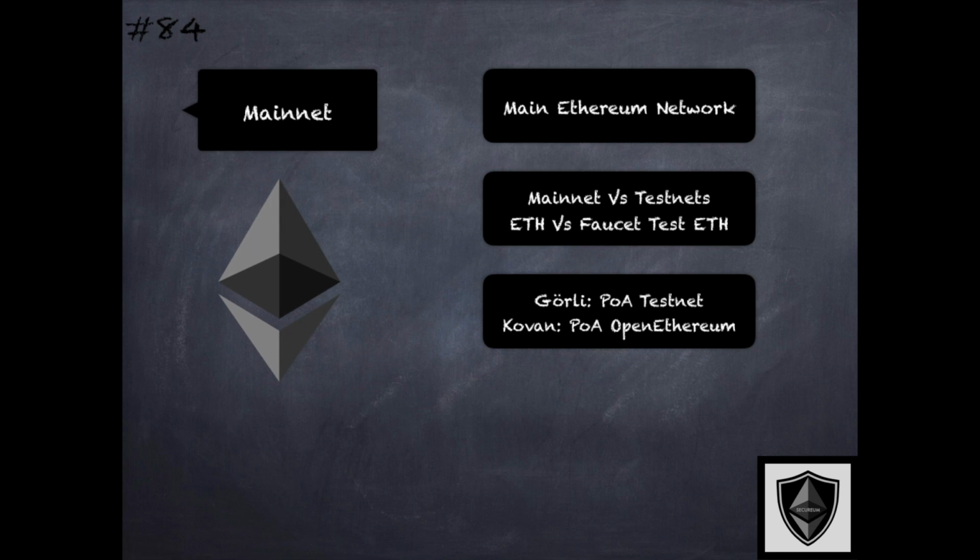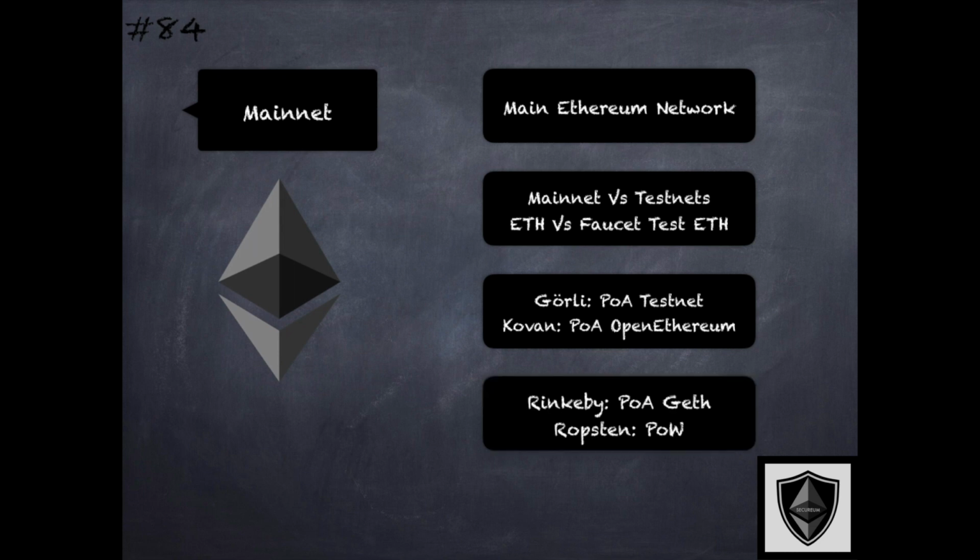And it's called a proof of authority because there are a small number of nodes that are really allowed to create the blocks and validate the blocks. Then we have the Kovan testnet. This is again a proof of authority testnet specifically for those running OpenEthereum clients. We also have the Rinkeby testnet, which is a testnet specifically for the Geth clients.